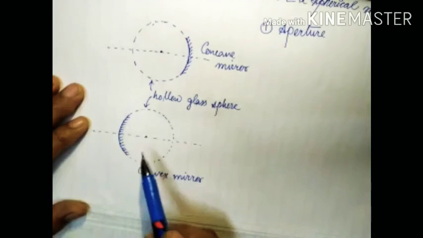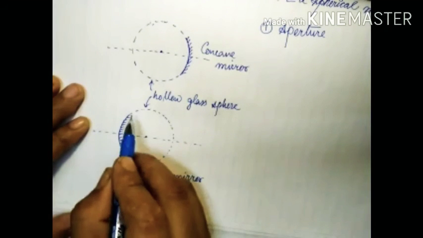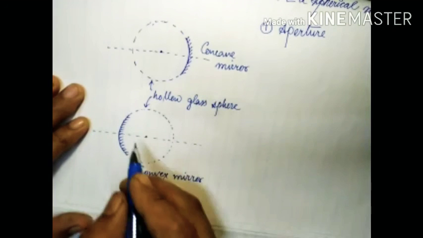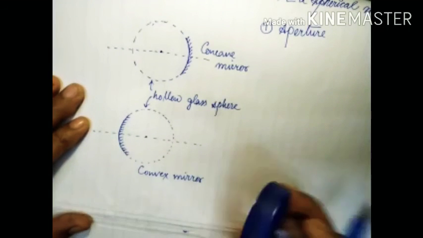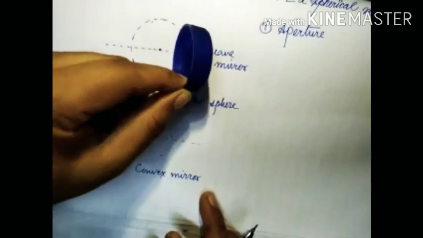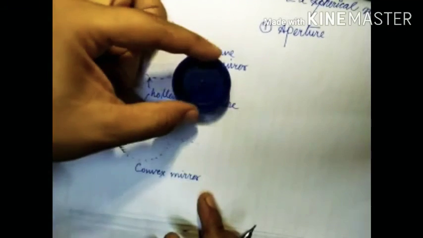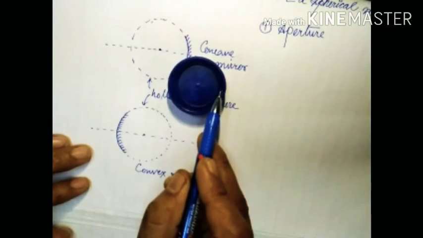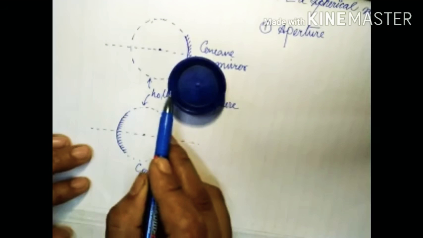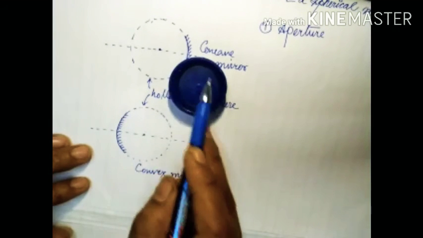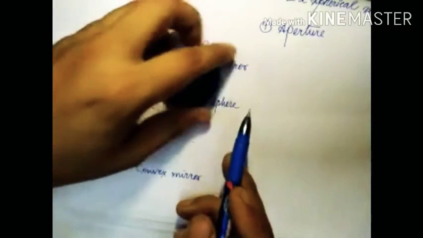This is actually a section of the mirror. Suppose this is the concave mirror. If you look from this side, this is the effective width. Clear? So this is the effective width from where reflection can take place. So this width is the aperture of the spherical mirror. Same for the convex mirror also.